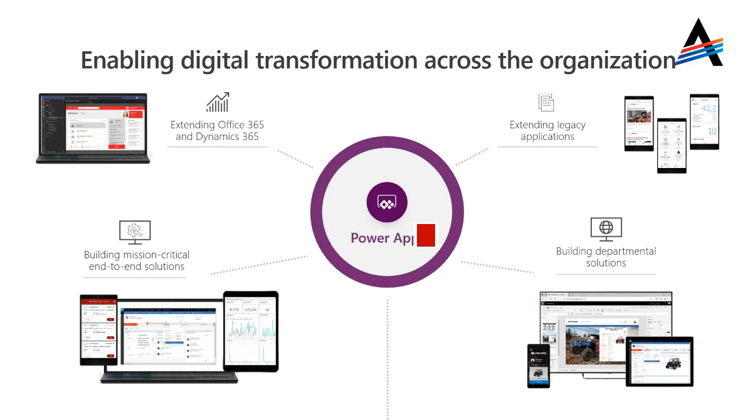Of course, you can even build end-to-end solutions using Power App. For example, some of our customers use this app to build self-automation applications. So it really means that Power App enables digital transformation across the organization. It depends on how you use it and where you use it.